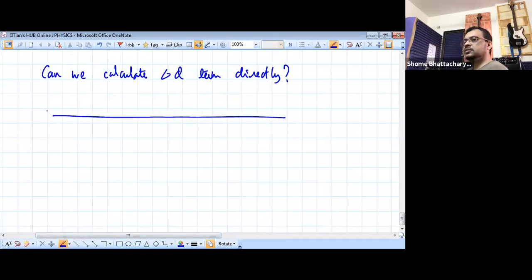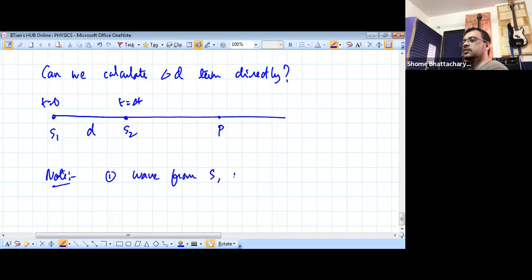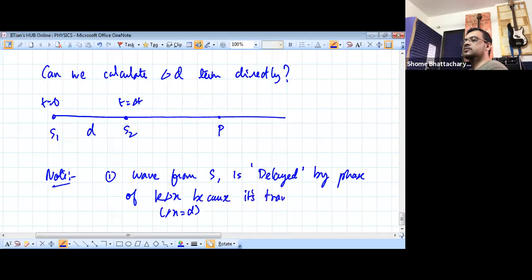So what is happening here is, S1, S2: this is starting at t equal to 0, this is starting at t equal to delta t, this distance is d and this point is P. The wave from S1 is delayed by a phase of k delta x, where delta x is equal to d, because it's traveling an extra distance. That is the first point.